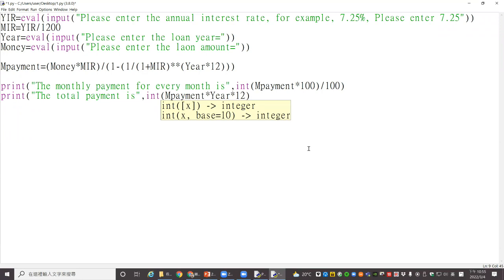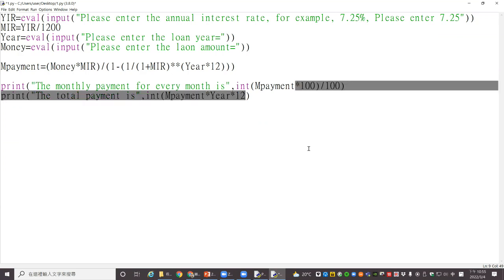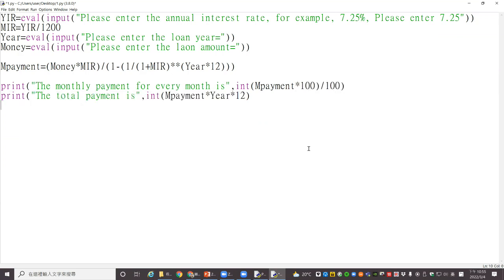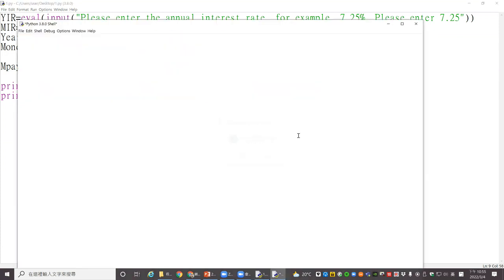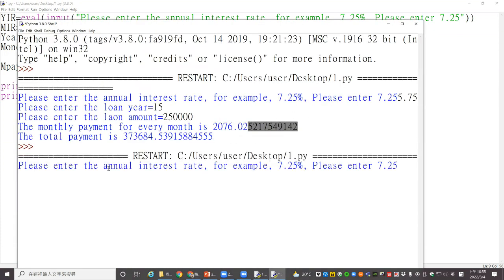Int, make it, sorry. Here, we also have to times 100 and divide by 100. And do it again.